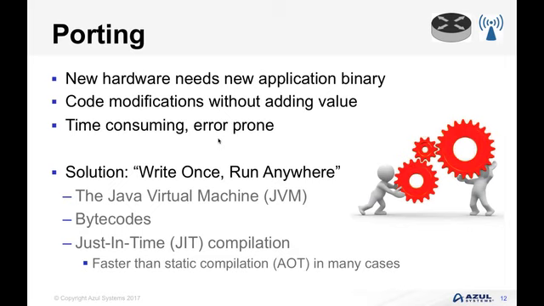Now with Java, the great thing is that you have this wonderful phrase that we've had right from the very beginning, which is write once, run anywhere. The reason for that is that we use a Java virtual machine. So the Java virtual machine gets ported to your hardware platform once and once only. Once that's been ported to the hardware platform, your application code runs unchanged.